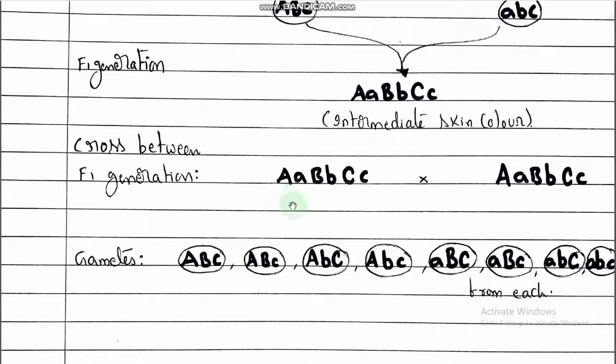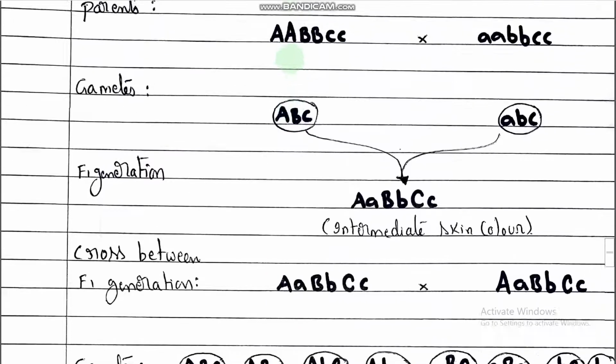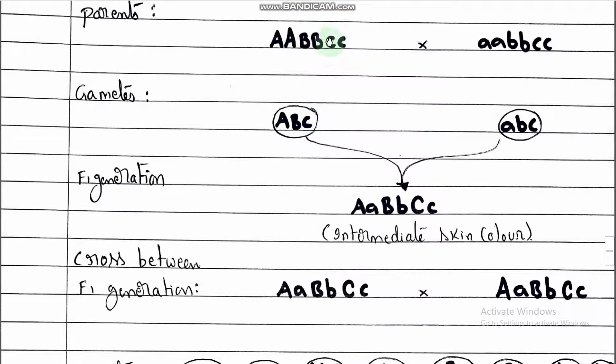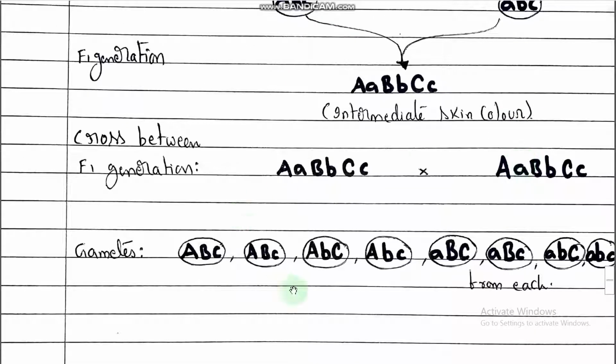So what type of gametes here? Here only one type of gamete, capital A, capital B, capital C. Here also only one type of gamete, small a, small b, small c. But here different types of gametes. First, capital A, capital B, capital C, one gamete as like parent.